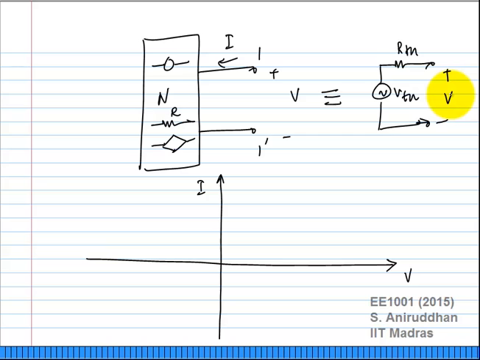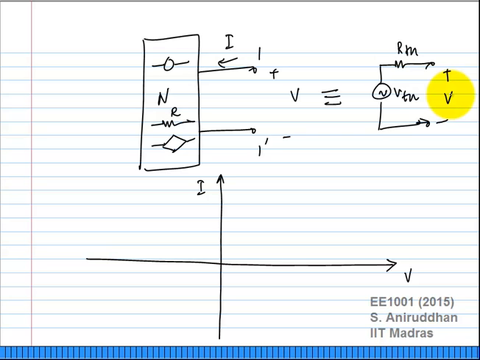If you try to plot this series combination of VTH plus RTH, the voltage current relationship, what do you think you will get? You will get a straight line not passing through the origin. You should have expected this again. If you had no independent sources, you will just have R Thevenin. That represents the network perfectly.